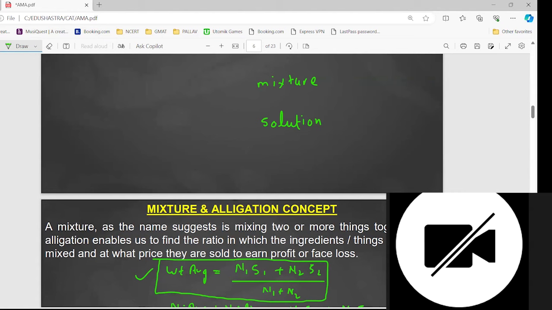But a solution is something which once you mix, it is very hard to take out into separate parts. For example, alcohol and water, or water and sugar, salt and water, like that.